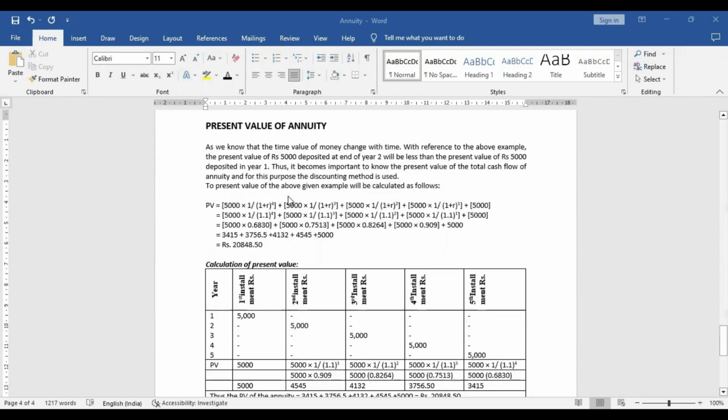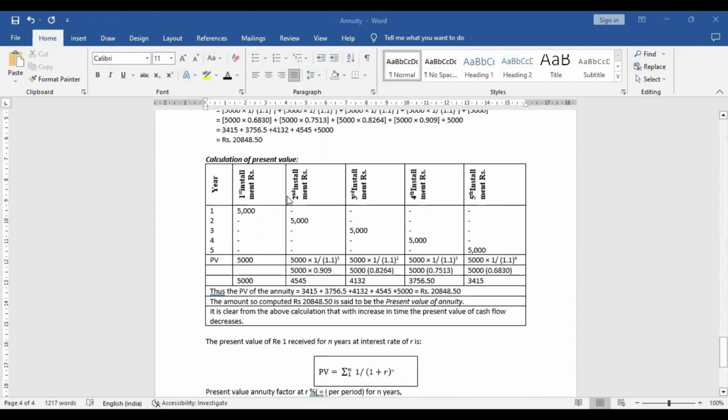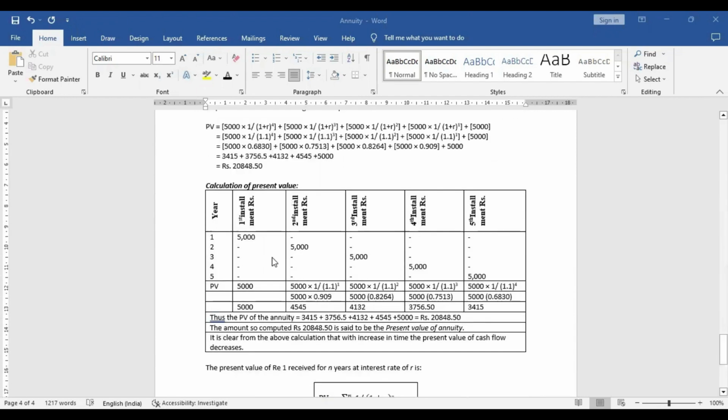And you are also aware that because now it is the future value, the value will be discounted. See in this table, what is happening? This we will take up afterwards. 5,000, 5,000, 5,000, 5,000, 5,000 at the end we have received. So the value of 5,000 in the first year will remain as 5,000.